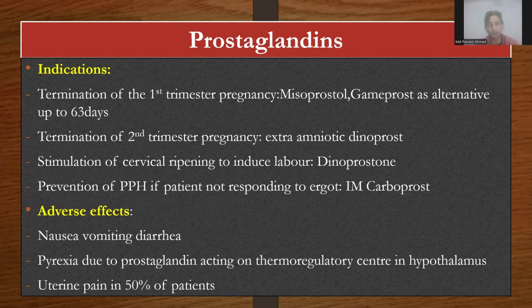The cervix is prepared for childbirth, that is, the cervix becomes softened, thin, and dilated. For this purpose we use dinoprostol. For prevention of PPH, it is also sometimes used: if the patient does not respond to the primary drugs like ergometrine and oxytocin, then you try carboprost intramuscularly.